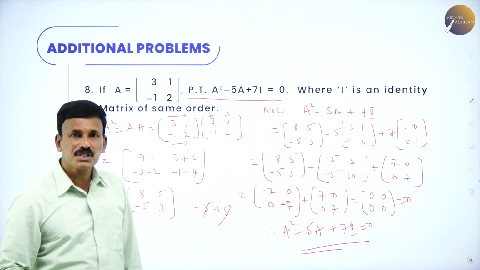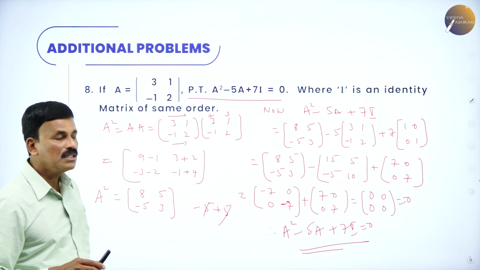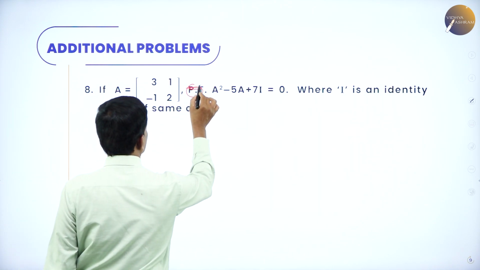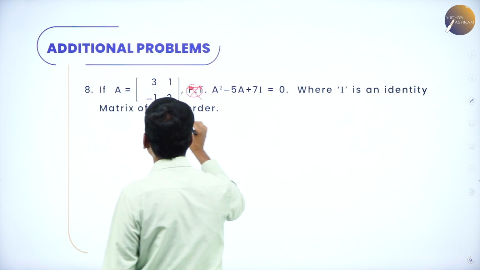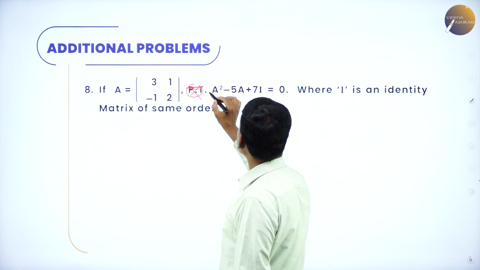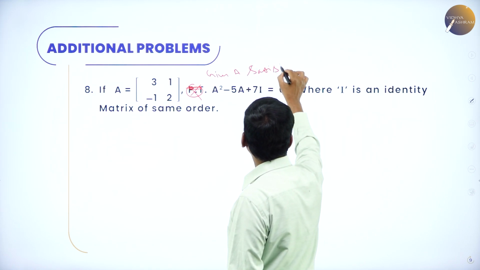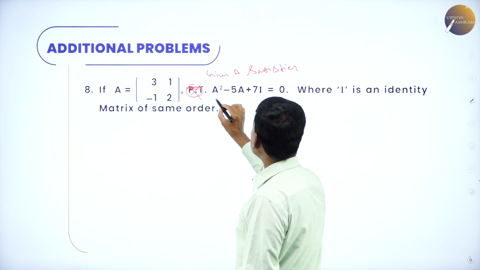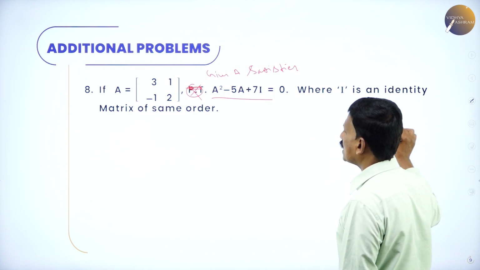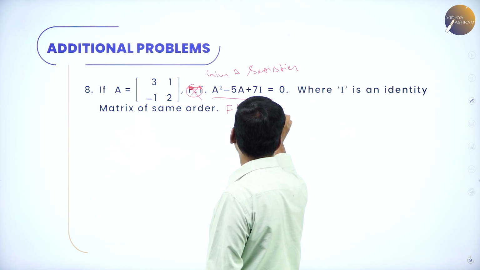Okay. Now suppose the same question is like this, I will do the same question with different given conditions. If I remove this, I don't want this. Given, if A is equal to [3, 1; -1, 2], given that A satisfies A square minus 5A plus 7I is equal to 0, where I is an identity matrix of same order, find A inverse.